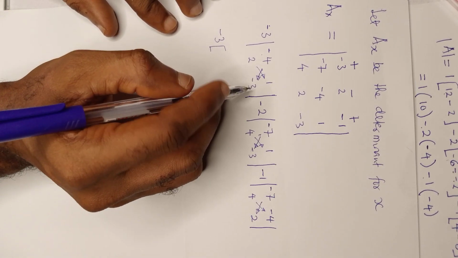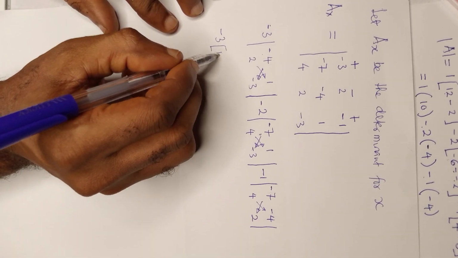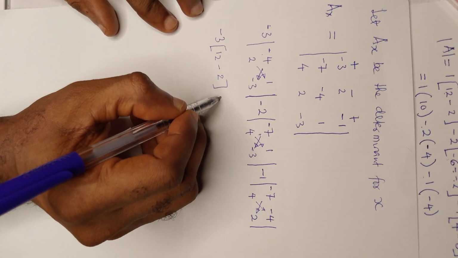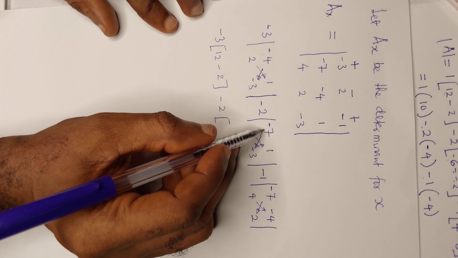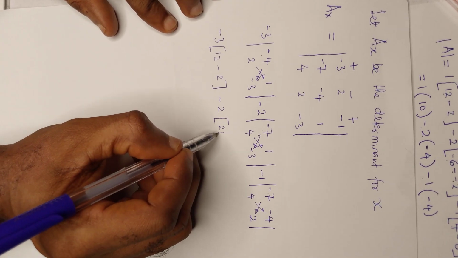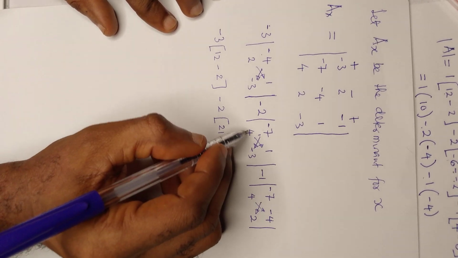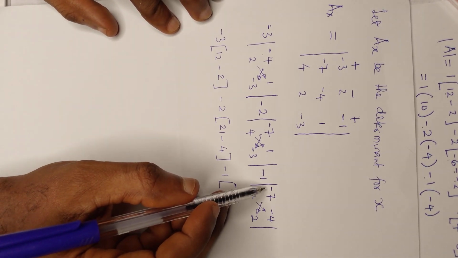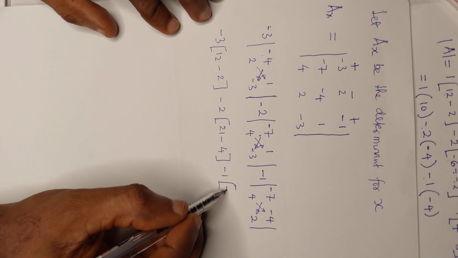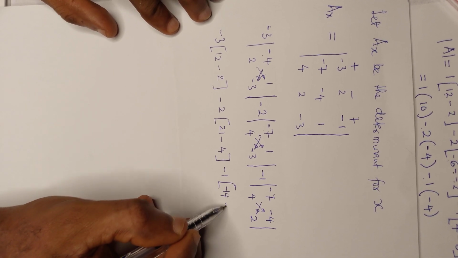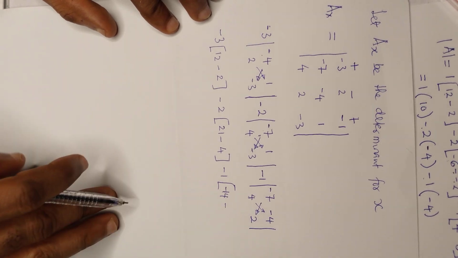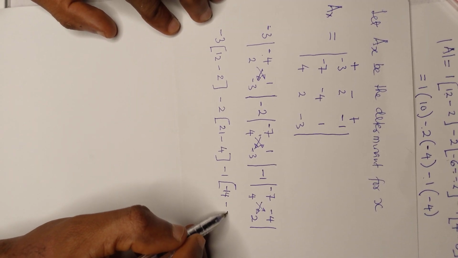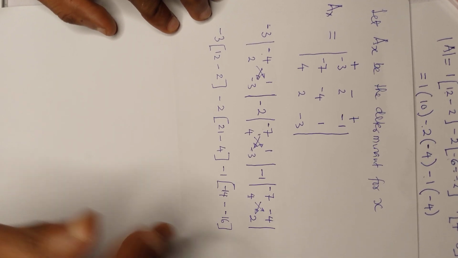So -4 times -3 will give us 12. -2 times 1 is -2. -2 into -7 times -3 will give us 21. -4 times 1 is -4. -1 into -7 times 2 will give us -14. -4 times -4 will give us -16.